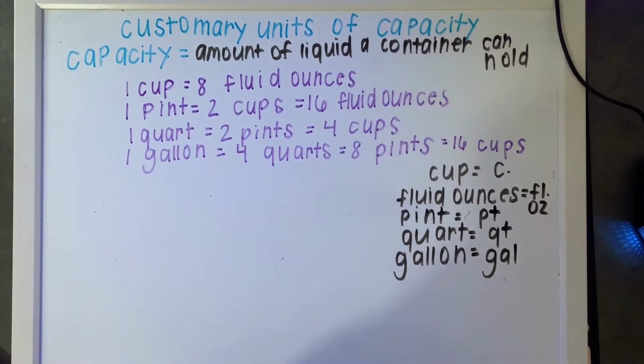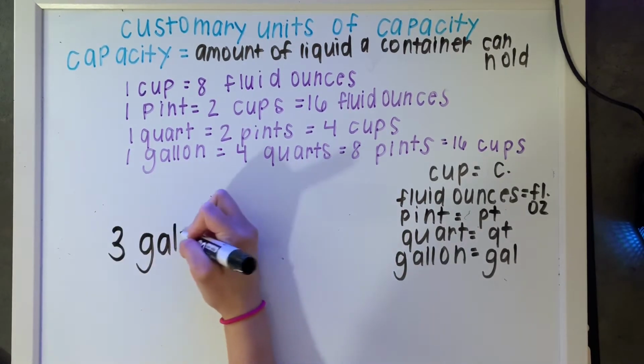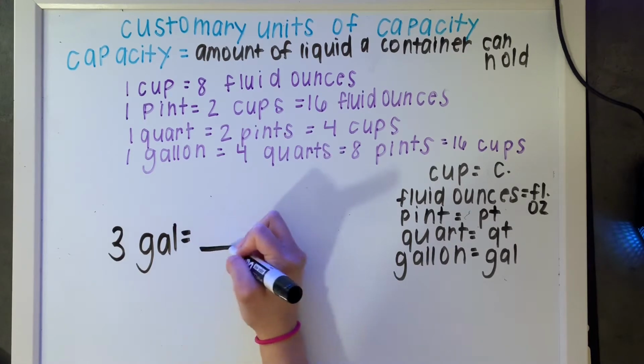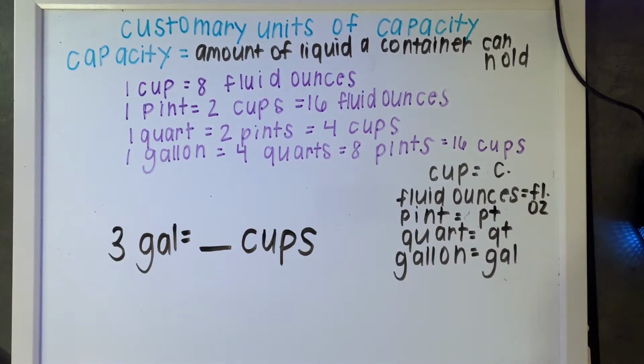The first type of problem that you could be asked on your math work today is just a regular conversion. So they could give you something like 3 gallons equals blank cups. You would go back to your conversions and look: I'm converting gallons to cups. What fact here would help me?